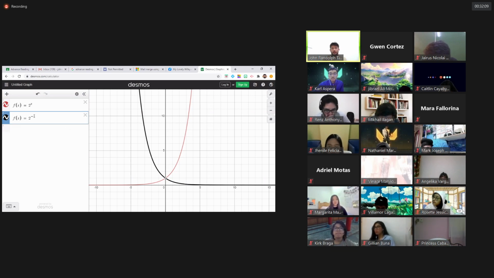So, tingnan nyo yung difference ha. Kapag ang exponent ang binago natin, it will be the reflection across the y-axis. Kanina, kung base ang binago natin, it is the reflection across the x-axis.